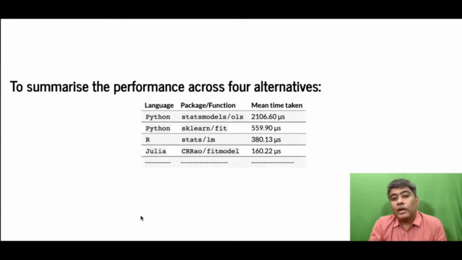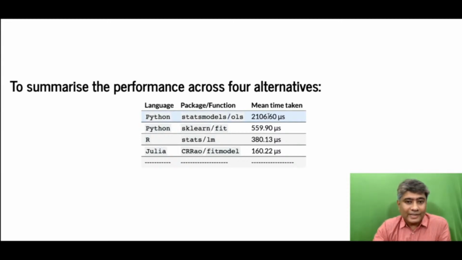And then we also compared it with Python. In Python there are two packages. One is statsmodels, which calls the OLS function, and the more popular one is sklearn, which calls the fit function. Very interestingly, we found that statsmodels is very inefficient.